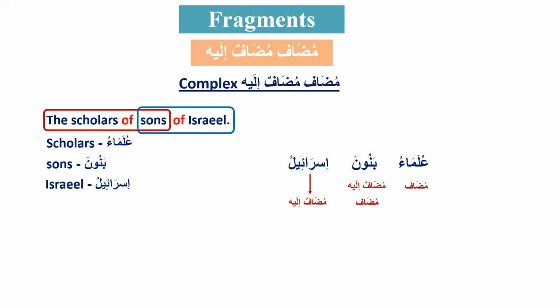It is light because it is a partly flexible word, and partly flexible words are always light. So do we need to make any changes in it? No change. It is already ready to be a mudaf.